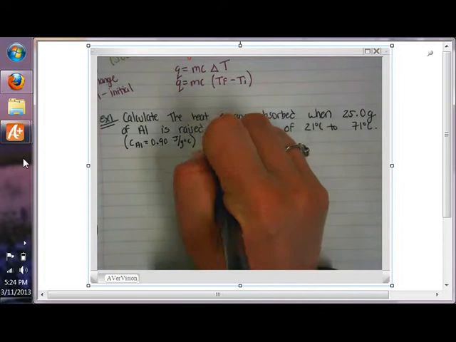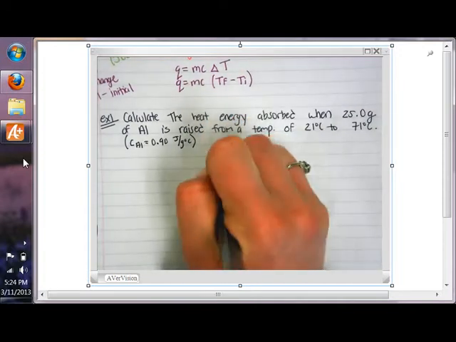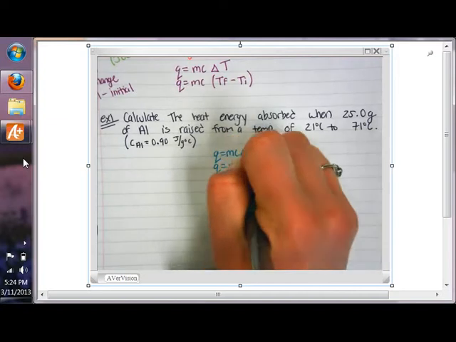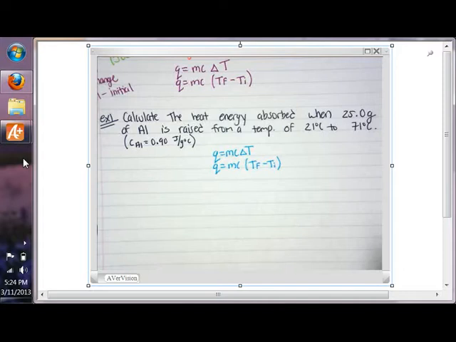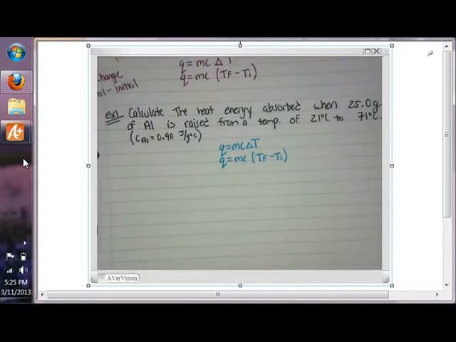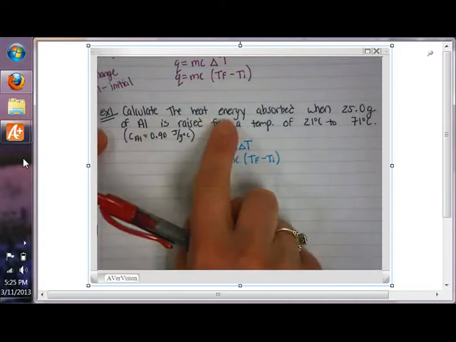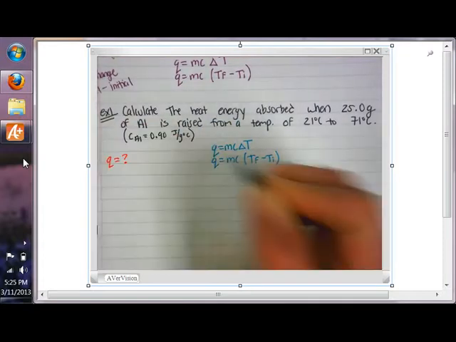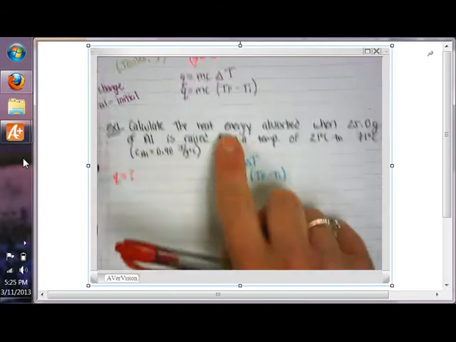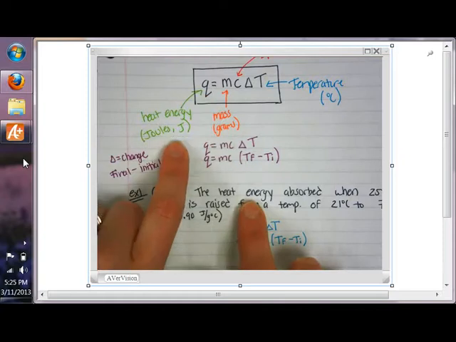So I'm going to start off with my formula. My formula is Q equals MC delta T, which is just Q equals MC (TF minus TI). So now I'm just going to go through and read across. Calculate the heat energy. That is Q. Q equals, I don't know. They wanted heat energy. Heat energy is Q. And notice the units are going to be in joules at the end.